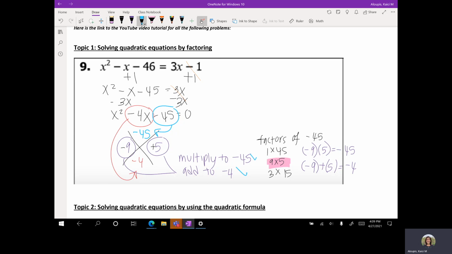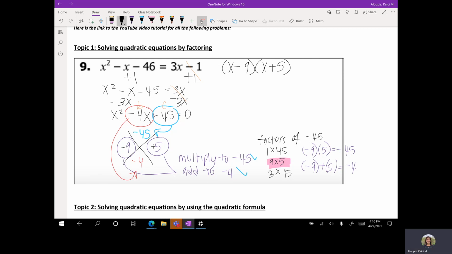So we have completed both of these requirements, as we need to multiply to our C term and add to our B term. Those are the factors that we're going to put in our parentheses sets: x minus 9, because it was a negative 9, and x add 5, because it's a positive 5.